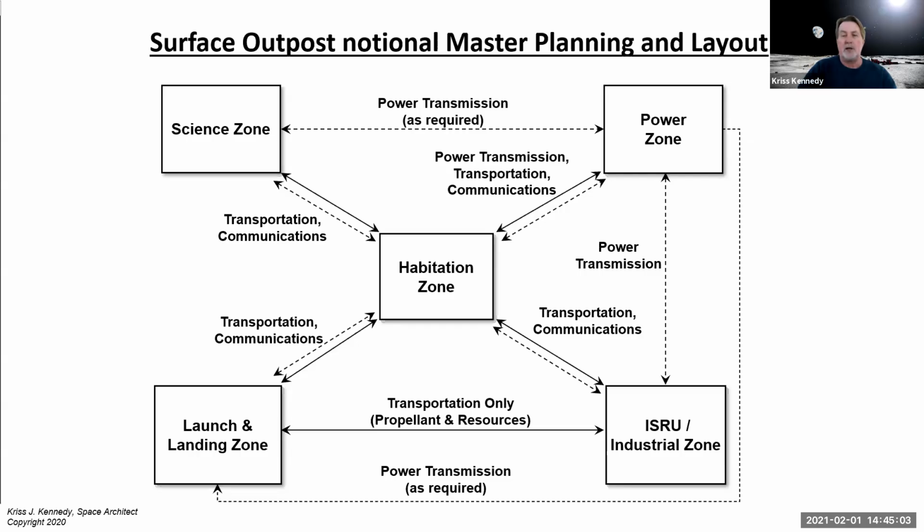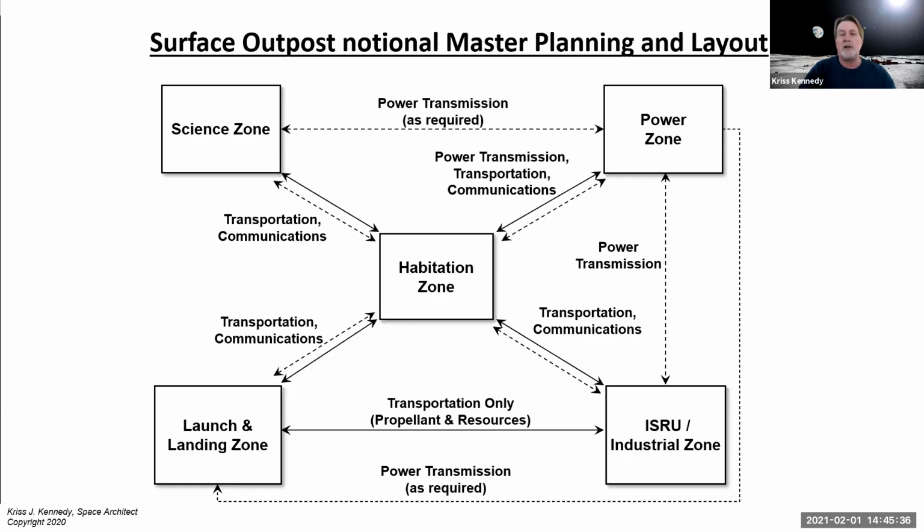and buried if necessary. The industrial zone, certainly that's going to be a dusty mining operation zone. And so you'd want that separated away from your power zone if that's photovoltaic. And then launch and landing, obviously you would want to place that also away, but in proximity to your industrial zone so you can take advantage of those consumables that are produced, or the propellants produced from the ISRU process.